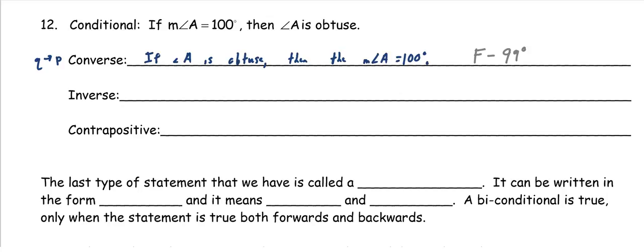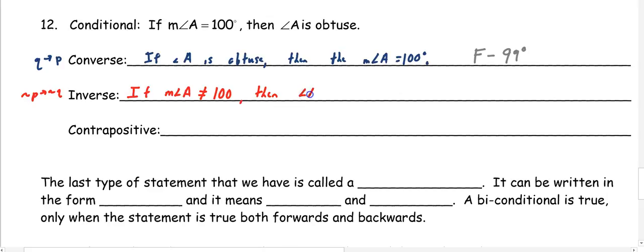The inverse statement, we're going to leave the same order as our conditional, but we're going to make them opposites now. So we would say not P to not Q. So our inverse in this case is going to be if the measure of angle A does not equal 100 degrees, so we can just cross out the equal sign, then angle A is not obtuse.